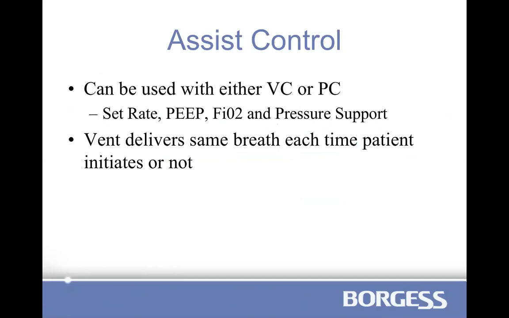The patient can still initiate that breath, but they get the same breath every single time. So even if they just barely initiate that breath, they'll get whatever your breath is set at. 500 cc's delivered at a 70% velocity rate, whatever that is, that is what they get every single time, okay?